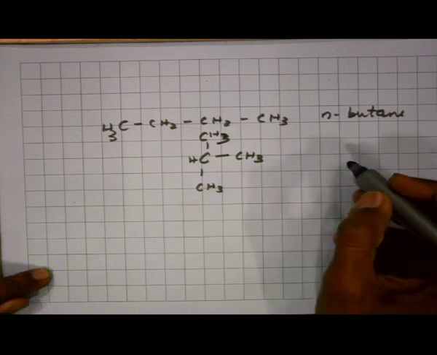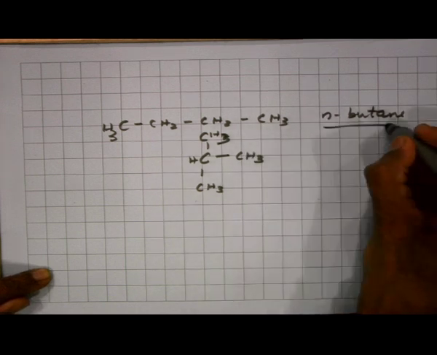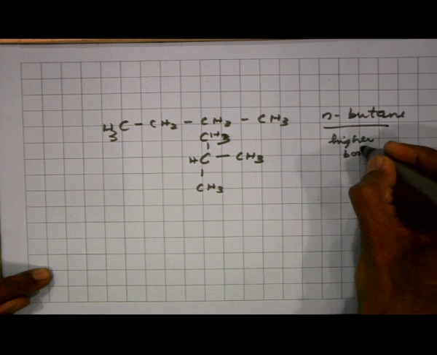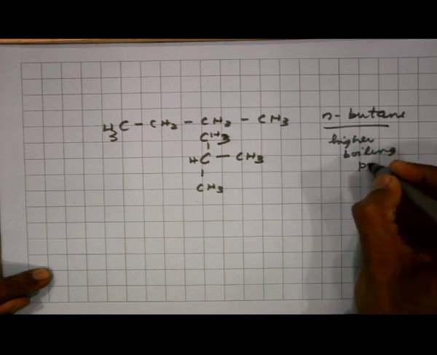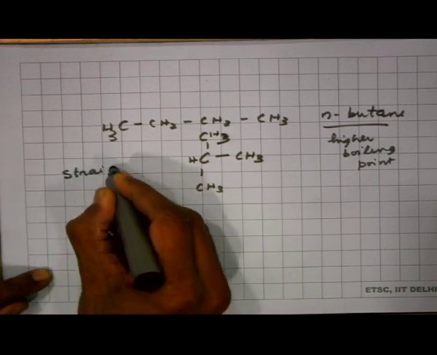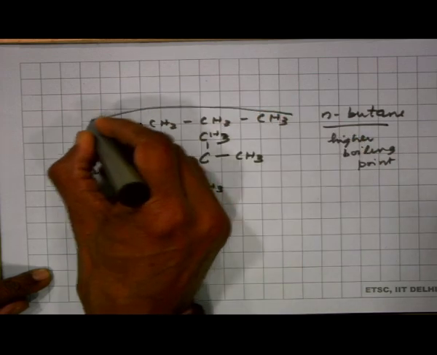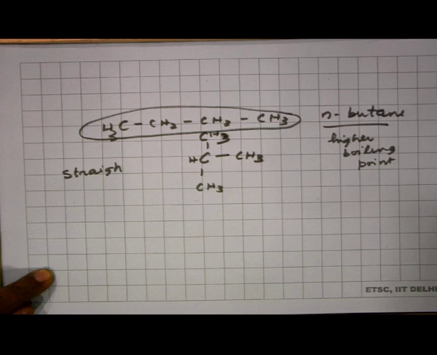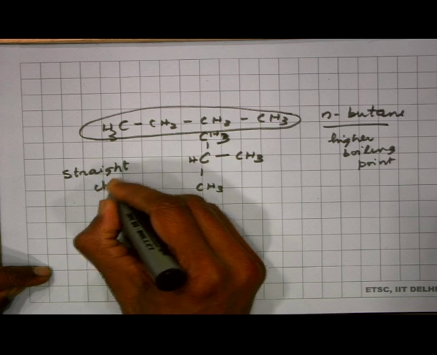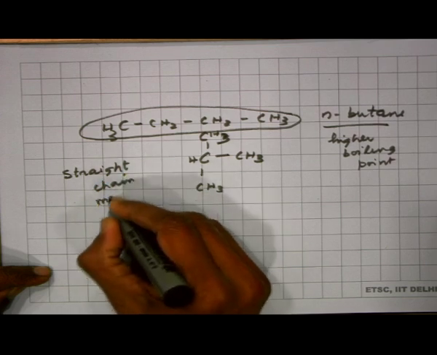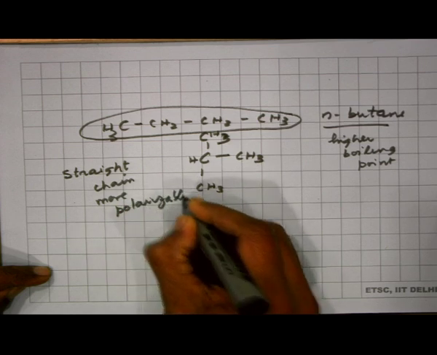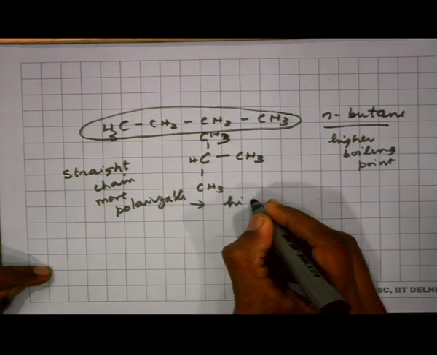If you had this, then you will find that this has a higher boiling point. So, you will find that the straight chain analogues, because of their length, are more polarizable, and more polarizable means higher boiling point.